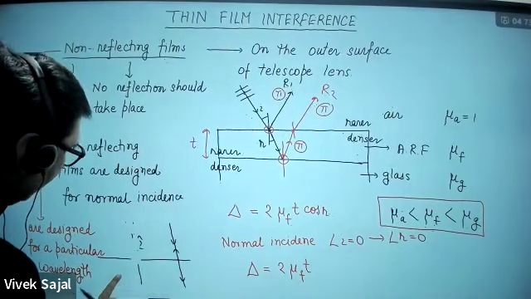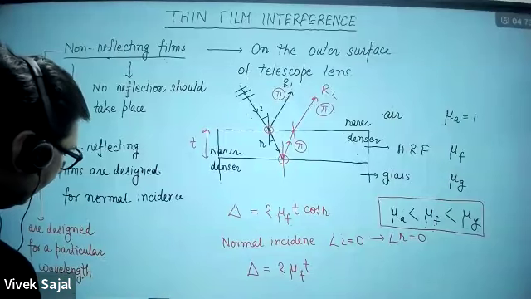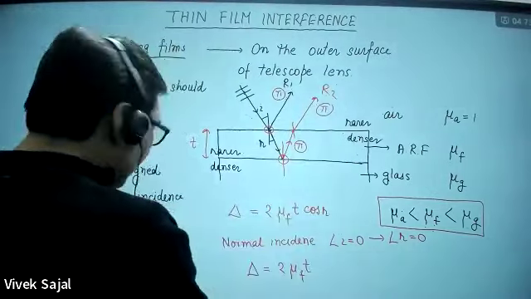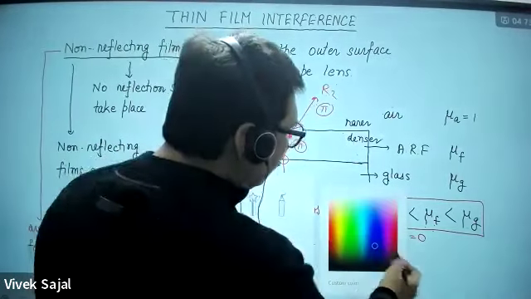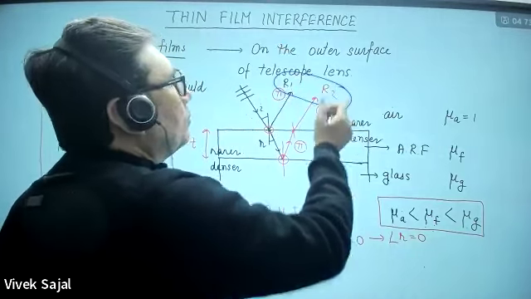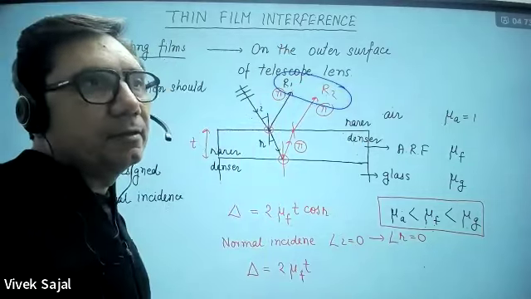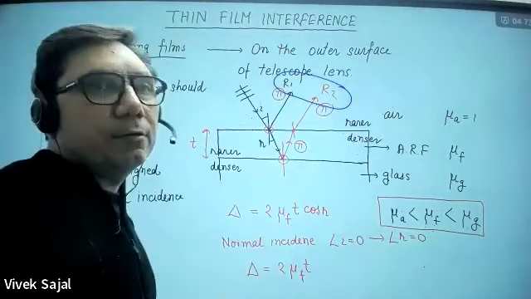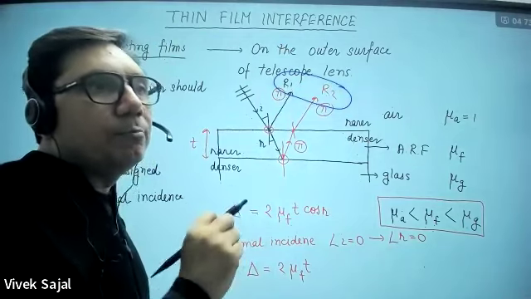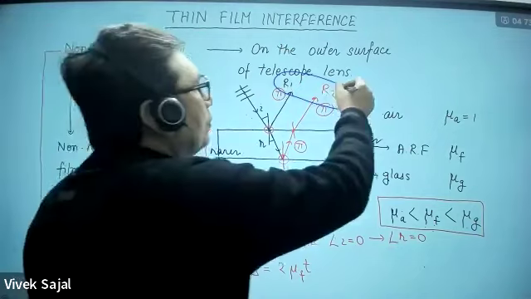This is your objective. So what should happen for this wavelength in the reflected light? When these two wavefronts R1 and R2 superpose and interfere, they should form a minimum. For that particular wavelength, minima should be formed as a result of interference.